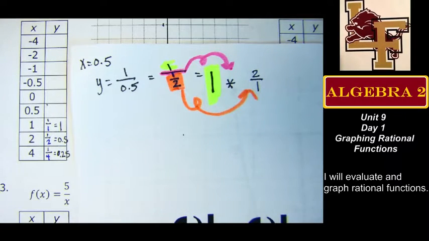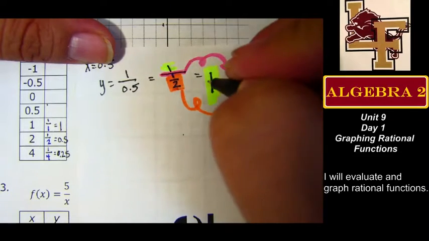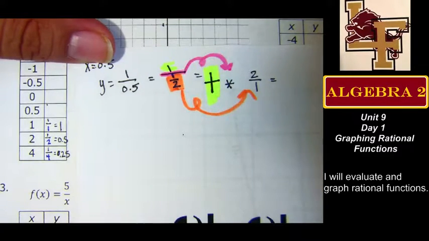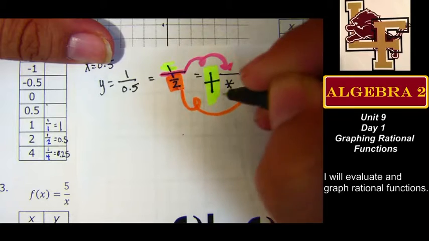Okay? Ask a question on this. So then you would put 1 over 1 and multiply across. And then I multiply straight across. So I'm going to turn that into 1 over 1 and 2 over 1, so then it's actually 2. Exactly.